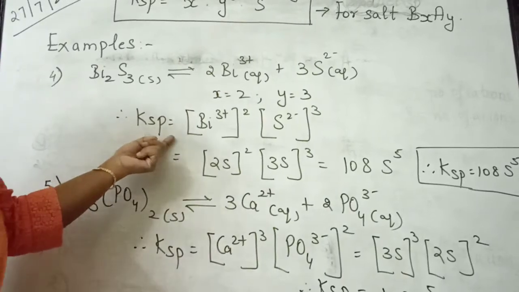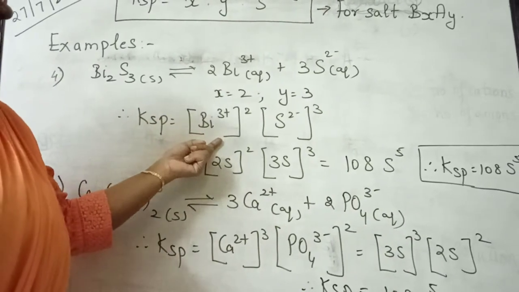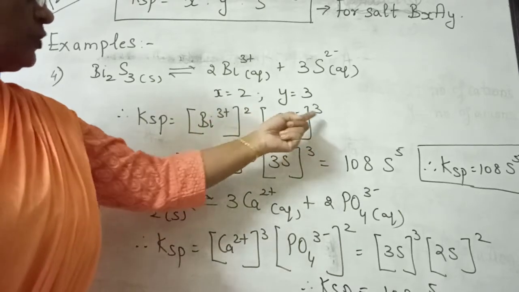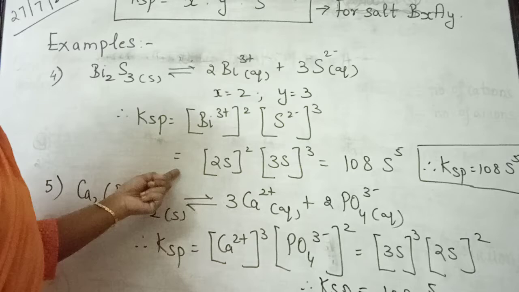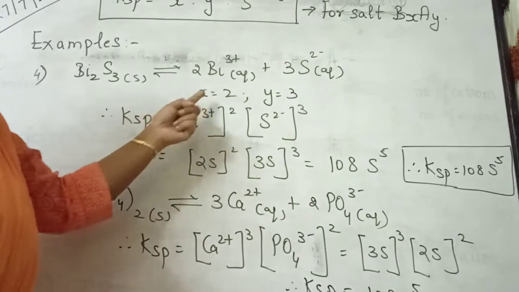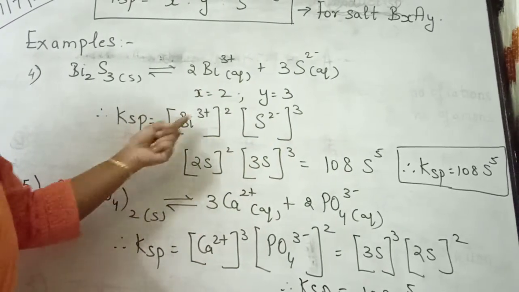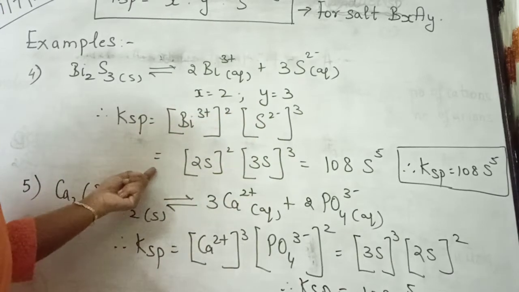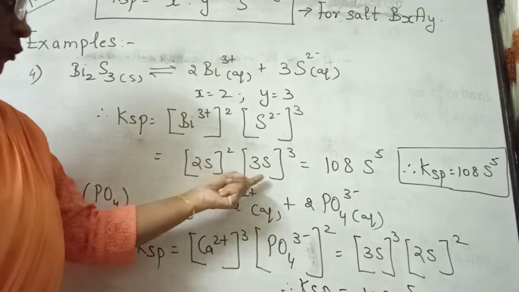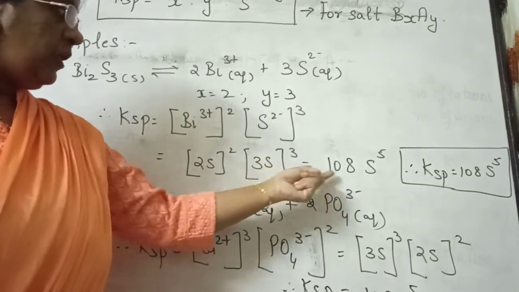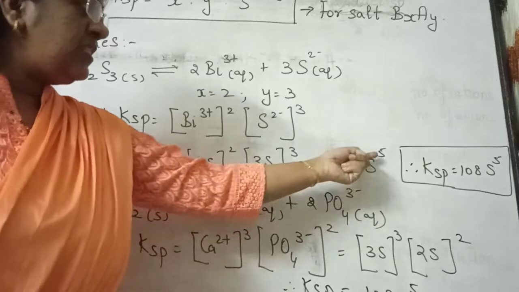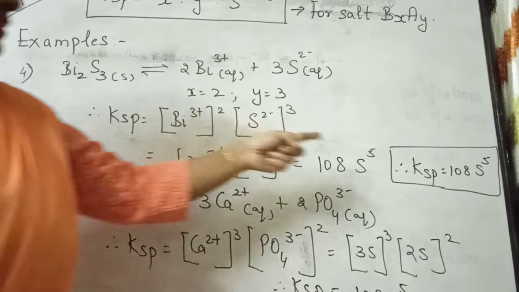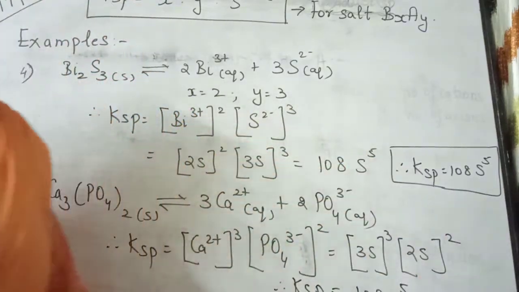Therefore Ksp is equal to concentration of Bi3+ square into concentration of S2- cube. Substituting the values, Ksp is equal to (2S) square into (3S) cube. On calculating, we get that value as 108S raised to 5. Therefore, Ksp for Bi2S3 is equal to 108S raised to 5.